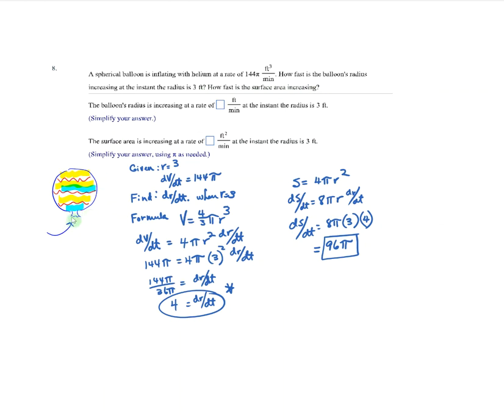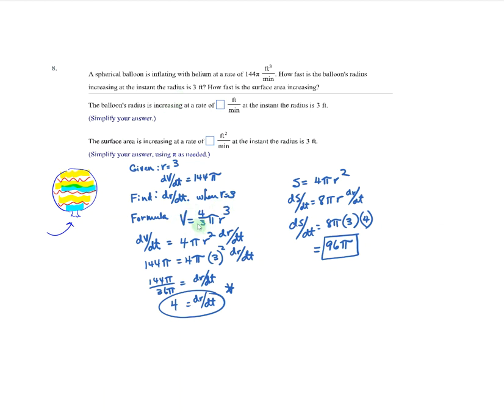But this is a spherical balloon and it's inflating. So that means its volume is increasing. And so dV/dt is the 144 pi. And we're given that at the instant we're talking about, r will be 3. So we're supposed to find dr/dt when r is 3.